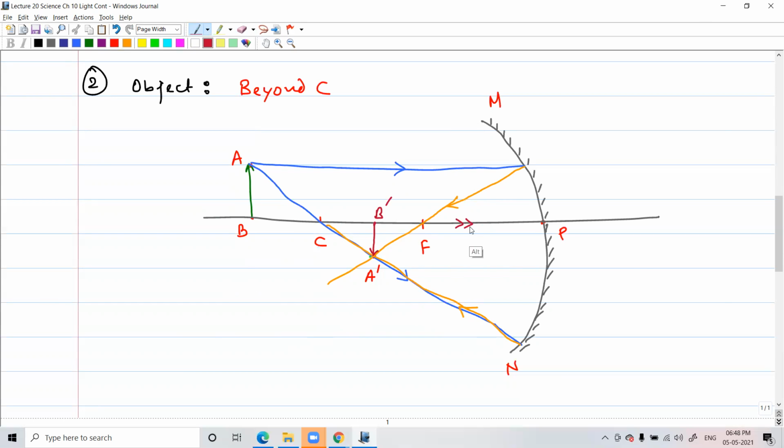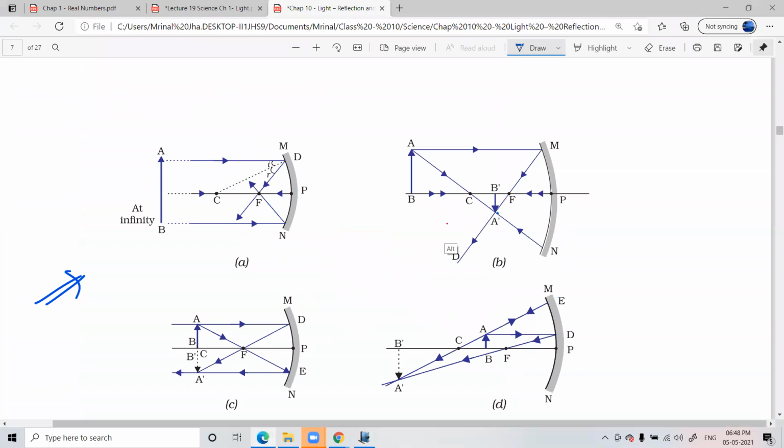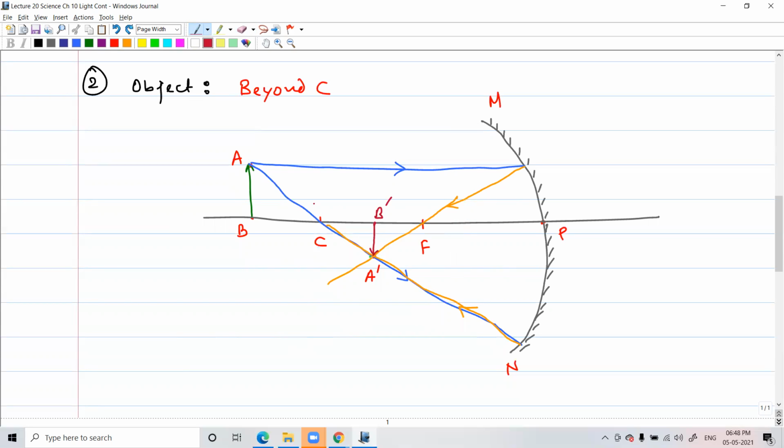Sir, so the farther the object is from the center of curvature, the closer it will be reflected to the focus? Yes, absolutely. Try to understand that when it was at infinity, the image was at focus, no? So as you are coming closer, the image is moving further away from the focus.